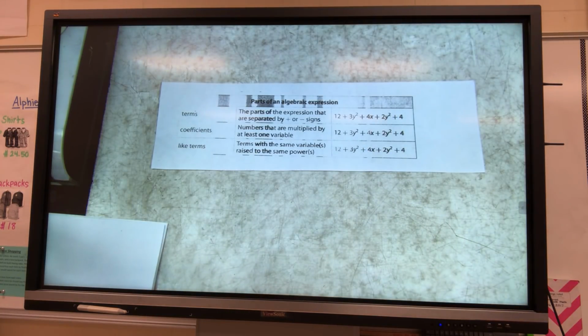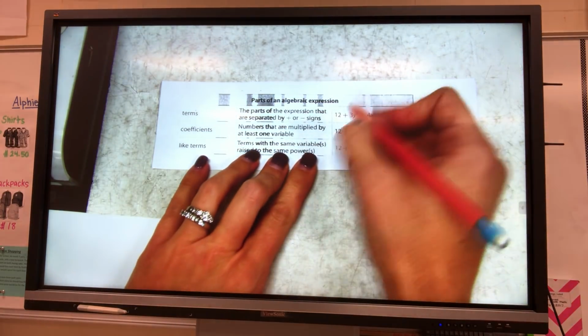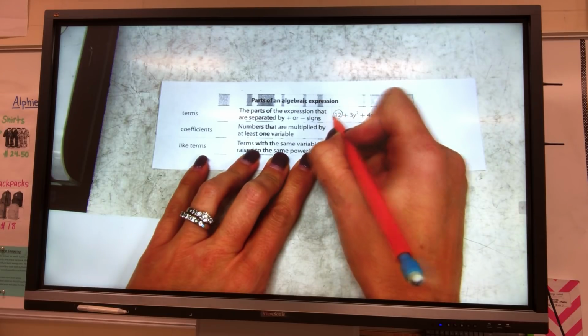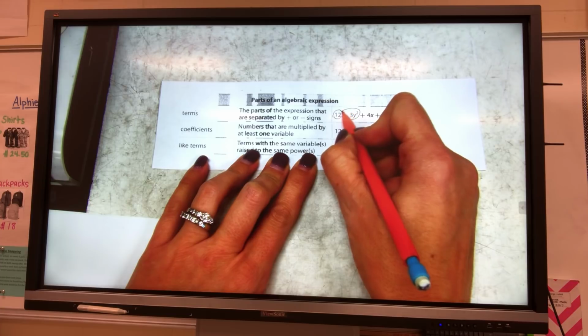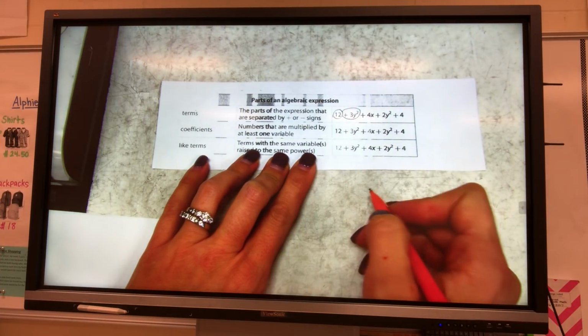Well, the first thing, we have a couple of vocabulary words. The first one is terms. The parts of an expression that are separated by a plus or a minus sign are all terms. So for example, 12 is a term. Now this is a positive 3y squared, that is a term.